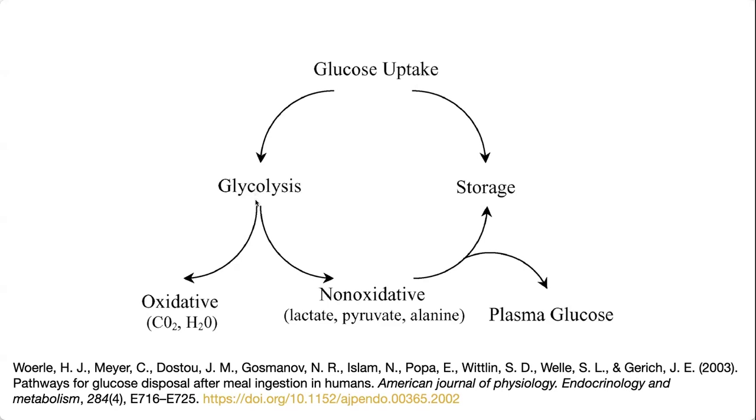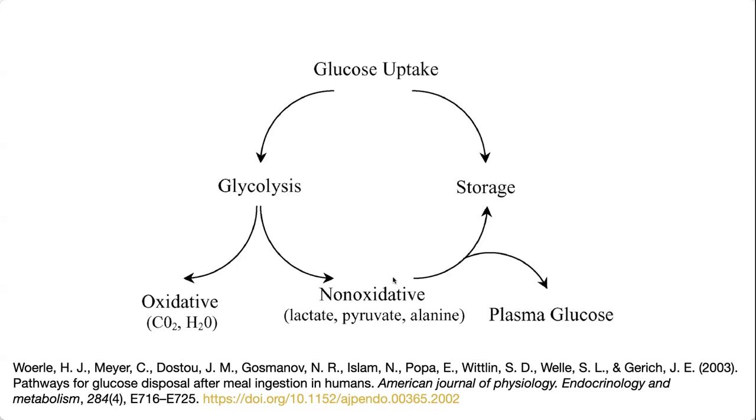Well, some of it is going to go to pyruvate, but it's not going to get oxidized further. So it's not going to get converted to acetyl-CoA that can enter the TCA cycle and then the electron transport chain, get oxidized all the way to give us our CO2 and water. So some of it is going to go this oxidative route, and some of it is going to go this non-oxidative route, where after pyruvate, it ends there, or gets converted to lactate or alanine that can get sent to the liver to convert it back into glucose.